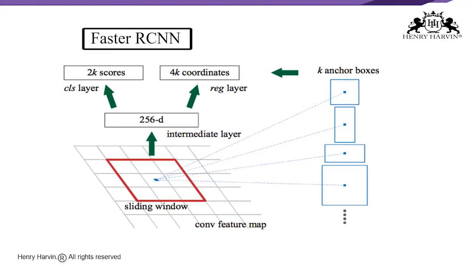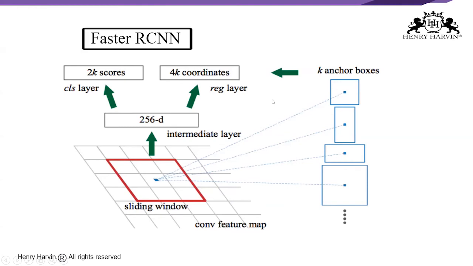Now the anchor boxes are fixed sized bounding boxes placed throughout the image, with different shapes and sizes. For each anchor, the RPN predicts two things.